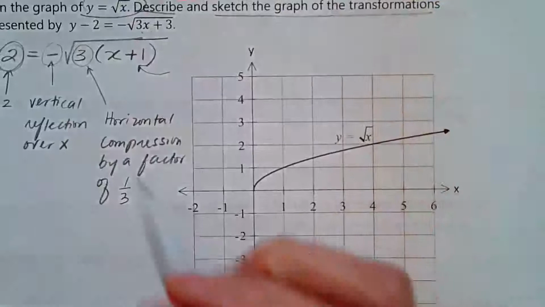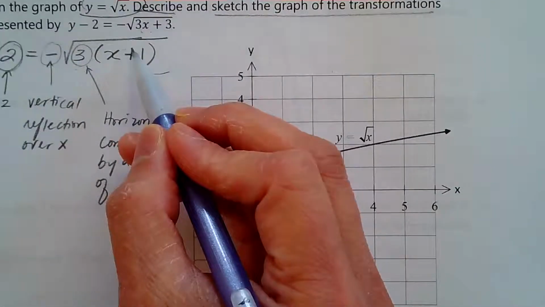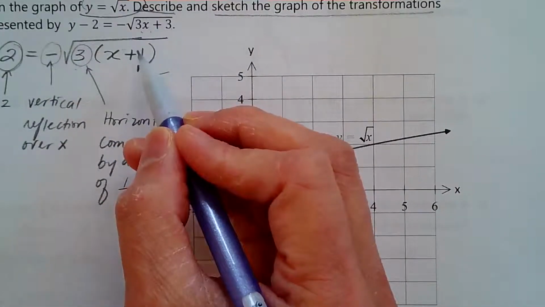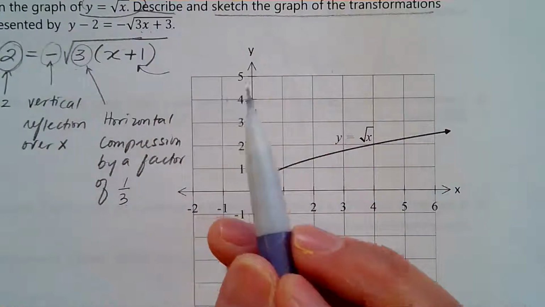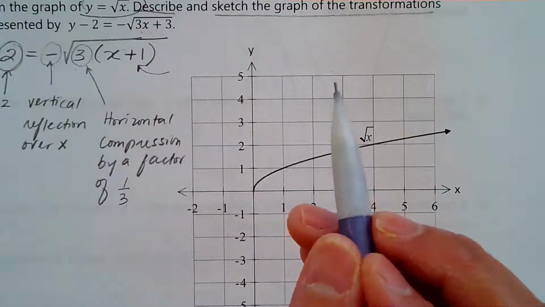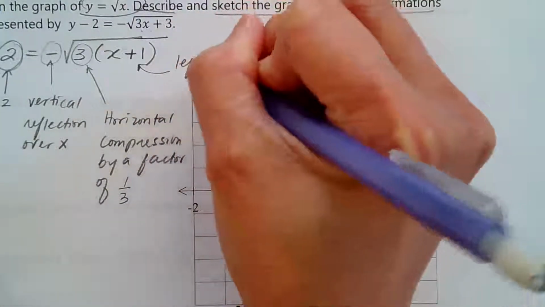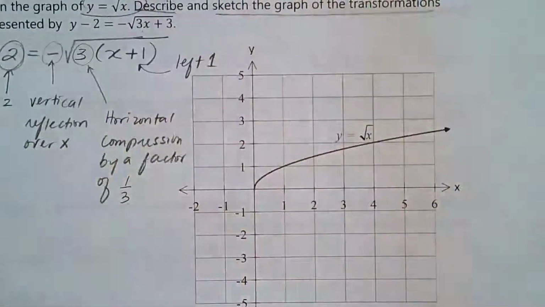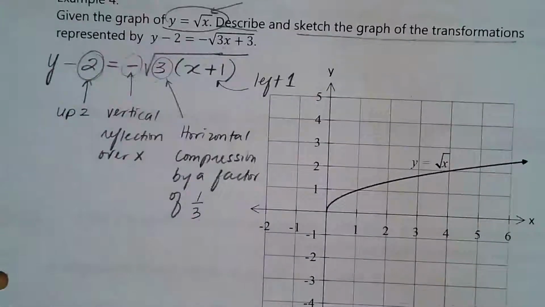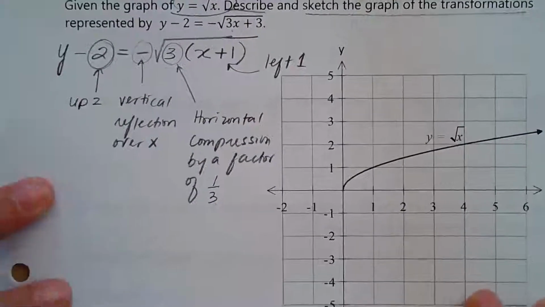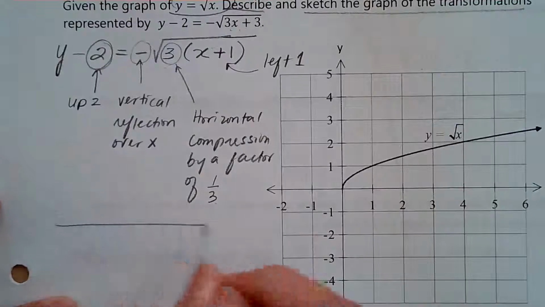This one here is going to be minus negative 1. So that means it's translating it to the left 1. Left 1, right? Good. So what do we have in here? I'm going to do the mapping.